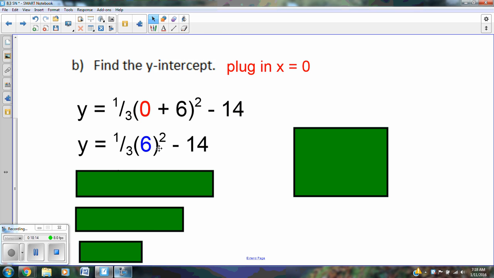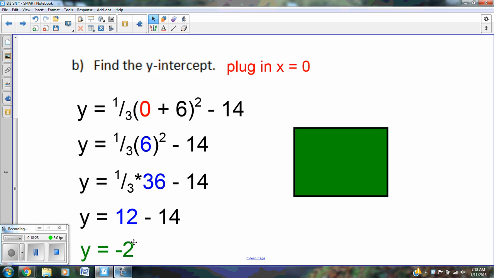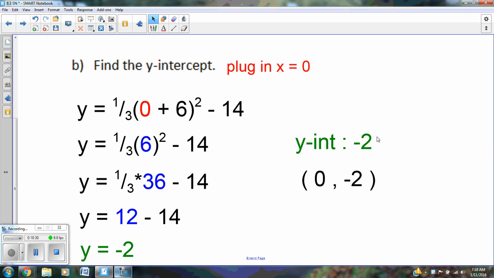Well, 0 plus 6 is just 6. 6 squared is 36. 1/3 times 36 makes 12. 12 minus 14 will become negative 2. So you could say your y-intercept is at negative 2, or if you like writing it as the actual point, it's the point 0, negative 2. This is your y-intercept.